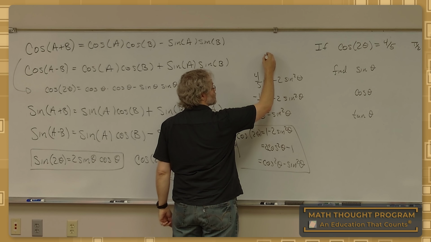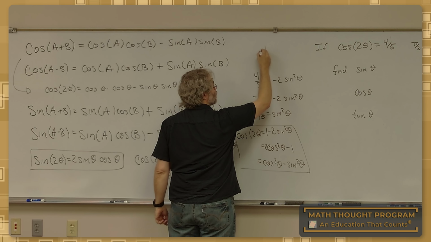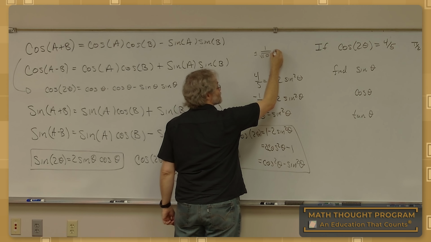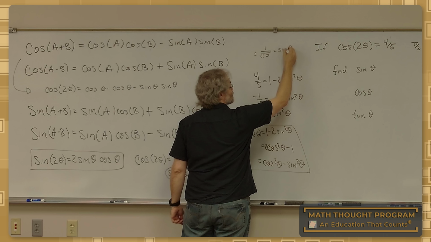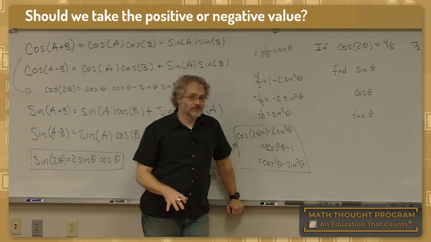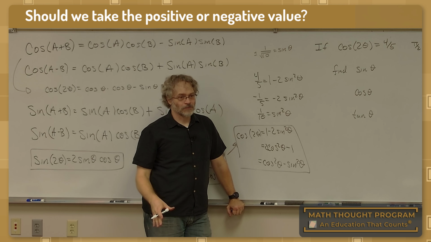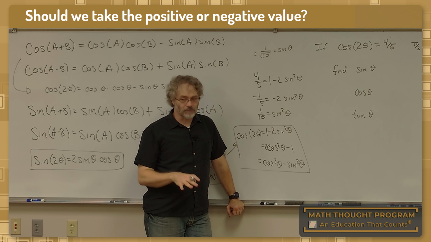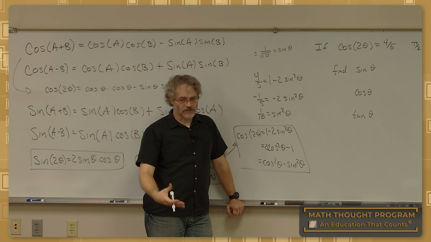Okay, so when we take the square root, we're going to be left with 1 over radical 10 plus or minus sine theta. Should I take the positive case or the negative case? This is where I have to be a little bit more careful and attentive as to what's happening.